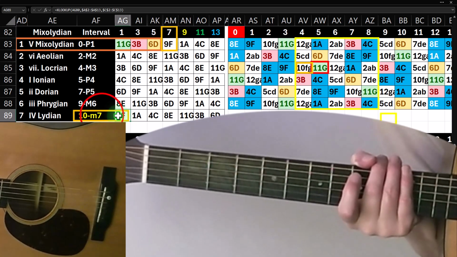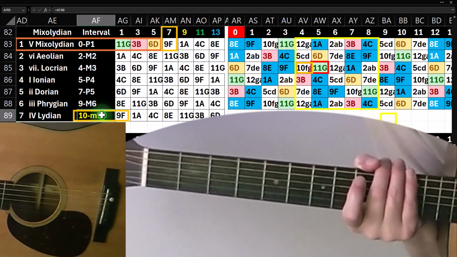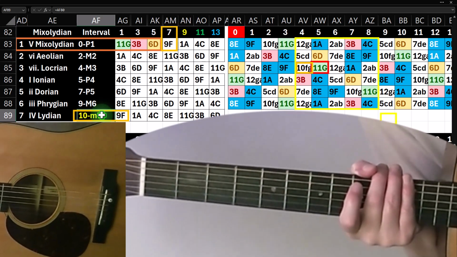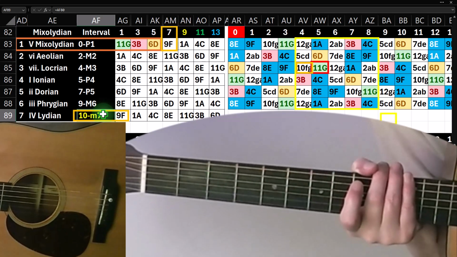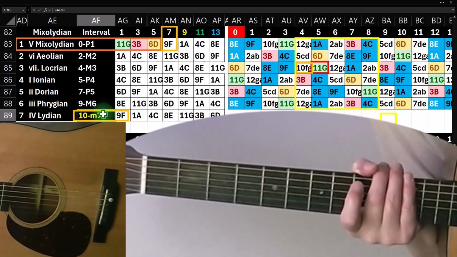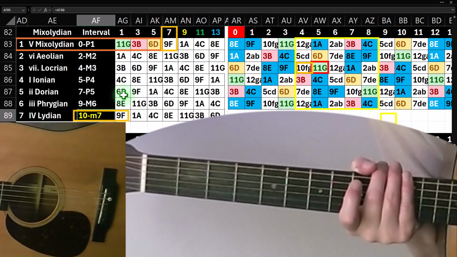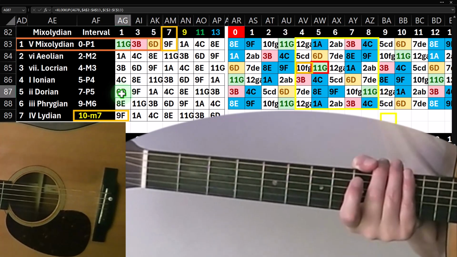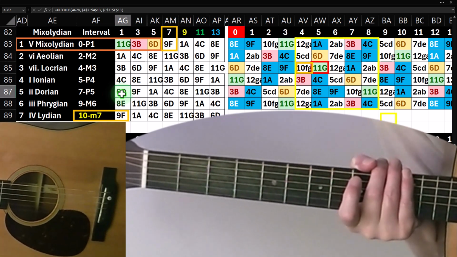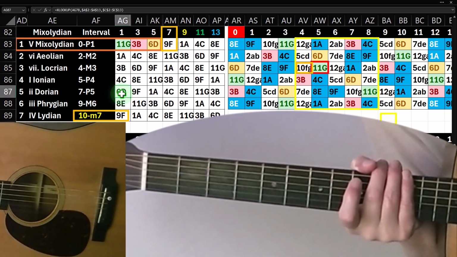Now, it's not always going to be the 10th. I have to determine which interval is different. But once I do that, I don't have access to every different shape that way, but that's one way you can expand what you're doing. And then once I'm on any of these other modes, if I converted this D Dorian to a D minor, then I can think, well, what are all the other modes that are relative to the D minor?